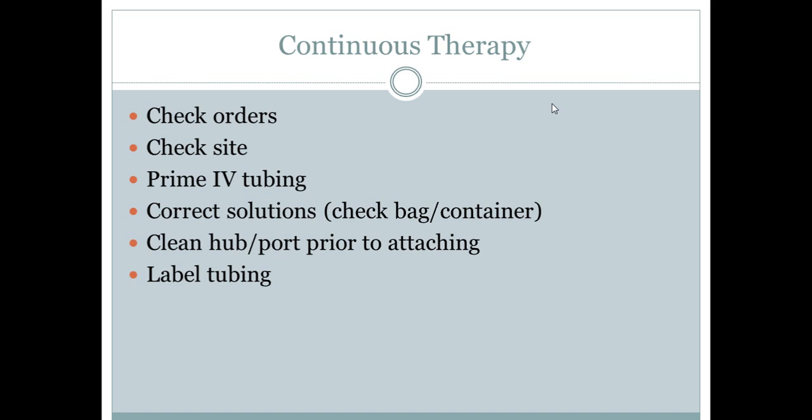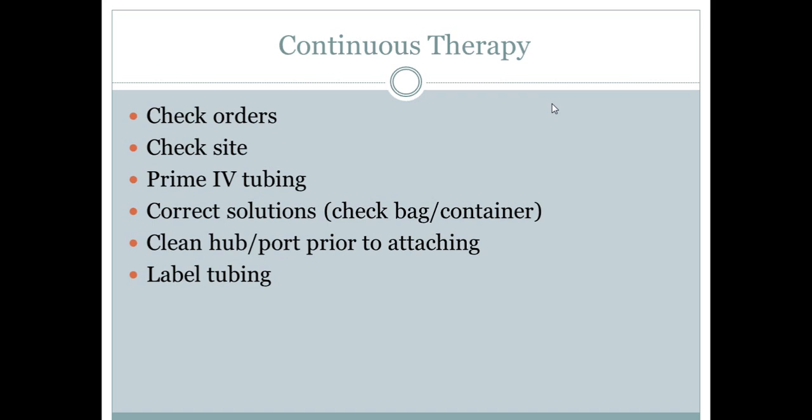Some other things that we're going to be doing fall under tubing changes, but obviously, prime the IV tubing before you hook it up to the patient. You want to make sure all that solution is in the tubing so you're not just injecting air. You're going to clean the hubs and ports every single time before you introduce anything, whether it's a flush or you change the tubing.